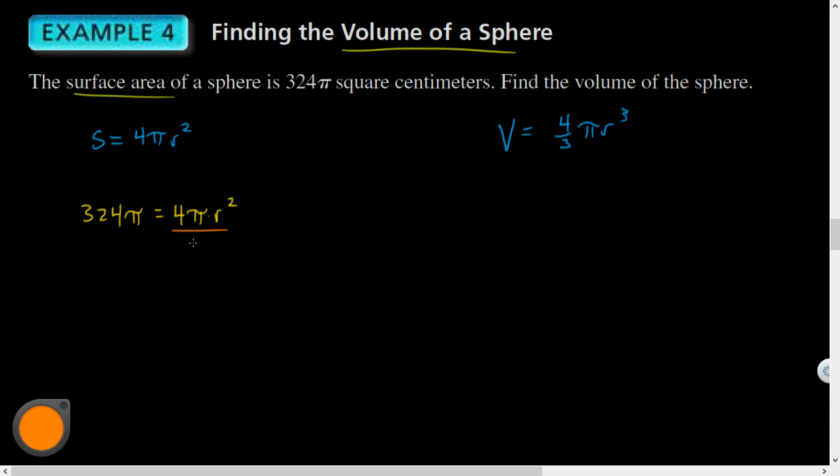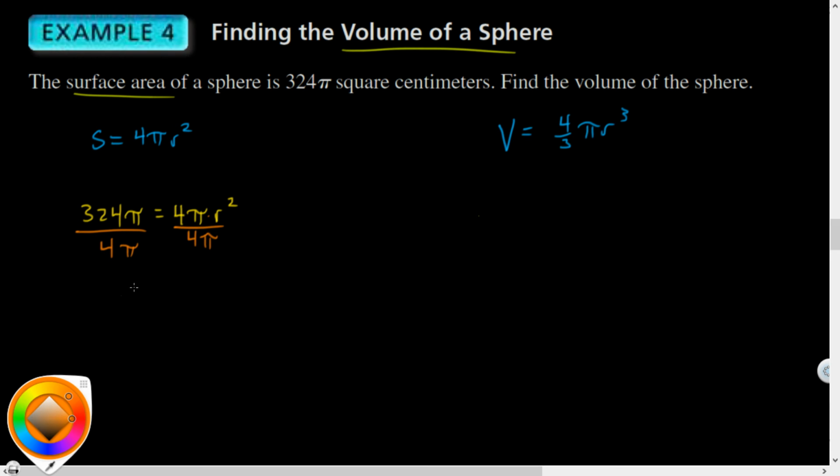324 pi. So let's solve for R. I'm going to need the R in order to find the volume, so that's why I'm bothering with this work over here. Plug in what I know, solve for what I don't. A classic algebra move. Divide both sides by 4 pi. And I'm going to flip it around here.